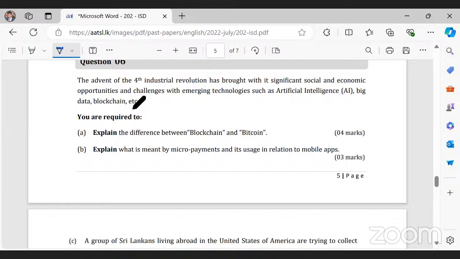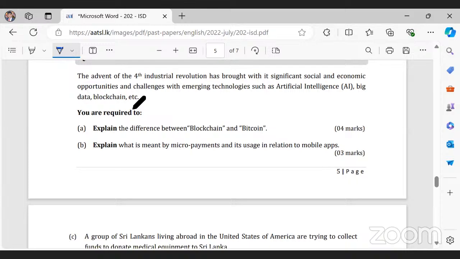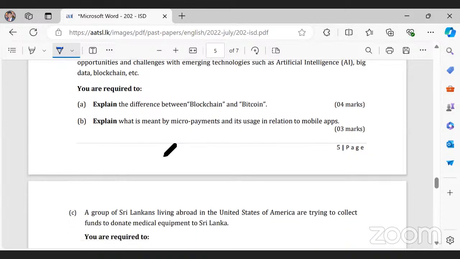Blockchain technology and cryptocurrencies like Bitcoin have brought renewed interest and feasibility to micropayments, right? As an example, petty amounts, small, how we can pay 2 rupees, 3 rupees, those are micro, right? Using mobile apps.